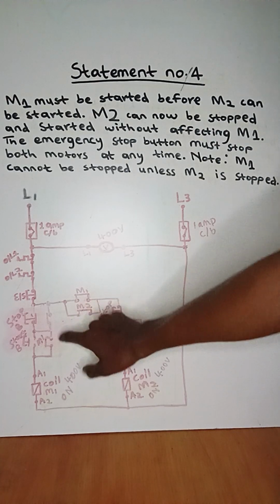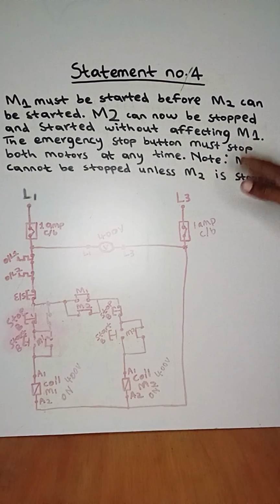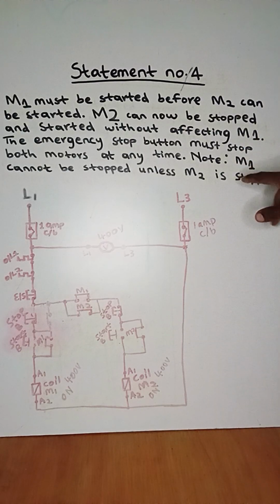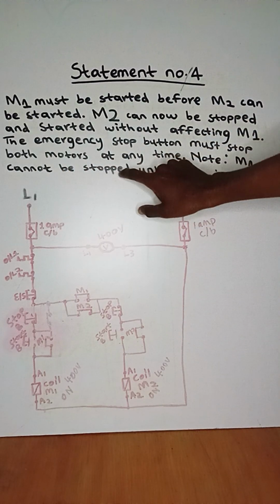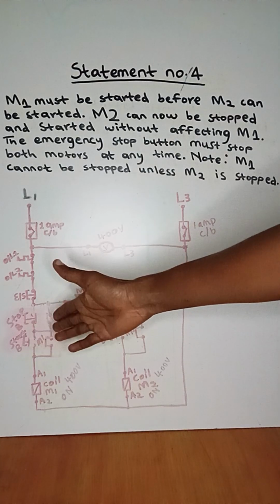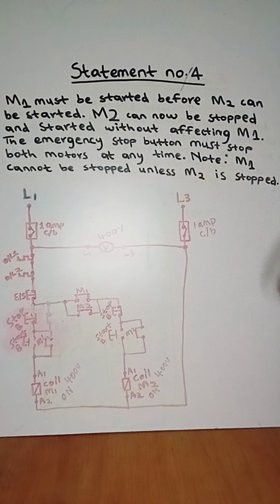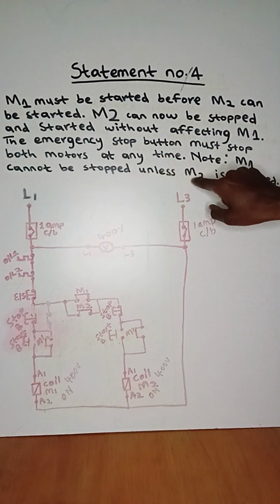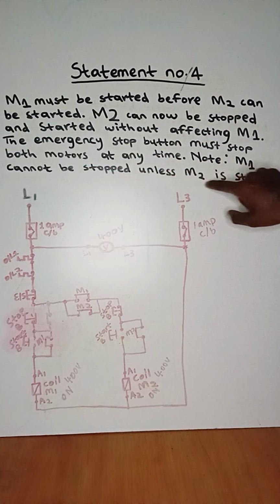So we must know which contact this is. Is this contact for motor 1 or motor 2? If you can remember, we have taught you how to create a contact through the statement. When it says motor 1 cannot be stopped unless motor 2 is stopped, it simply says motor 1 cannot be stopped unless the contact of motor 2 is open.